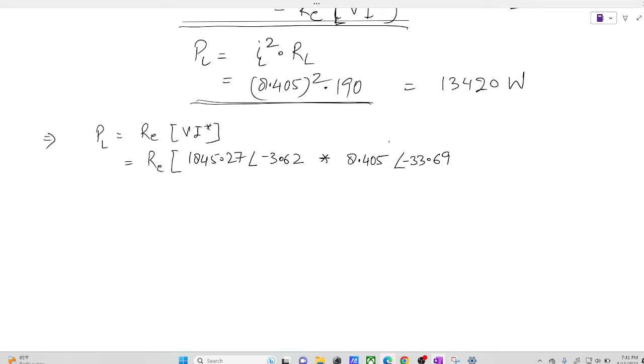Since it is conjugate, the angle will become plus. Now multiply these.